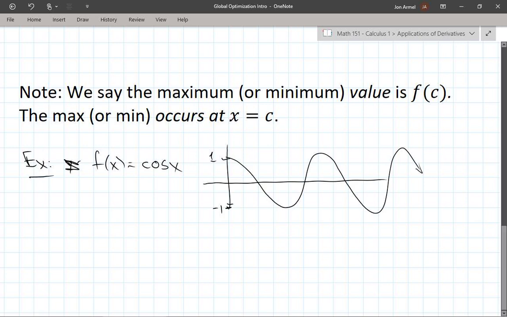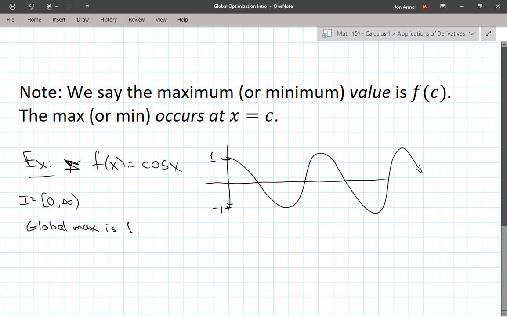Well, the maximum is 1. Let's say I, the interval where we're looking for the max, is 0 to infinity. For all non-negative inputs, what's the biggest that the cosine function ever gets? Well, we'd say the global max is 1. This number right here. So it's a number on the y-axis.